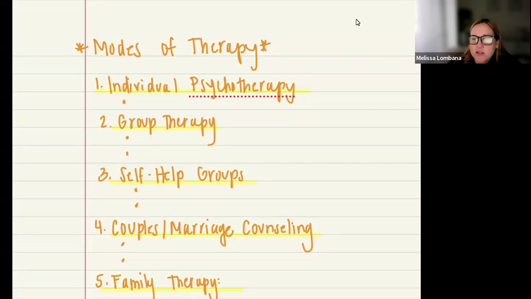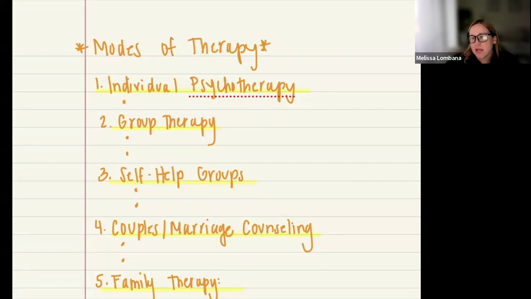The first one is individual psychotherapy, a lot more common, and that's basically where it's just the therapist and the client. It's an individual type of therapy. Then you have what's called group therapy, and group therapy is conducted with a group, and it's with individuals that tend to have very similar problems, and they will share.